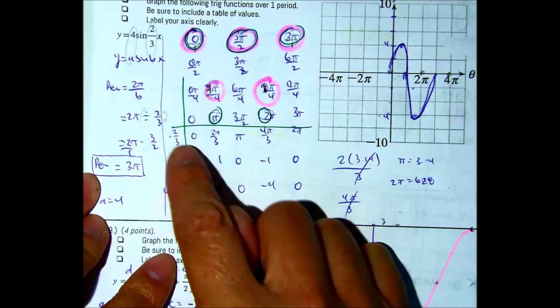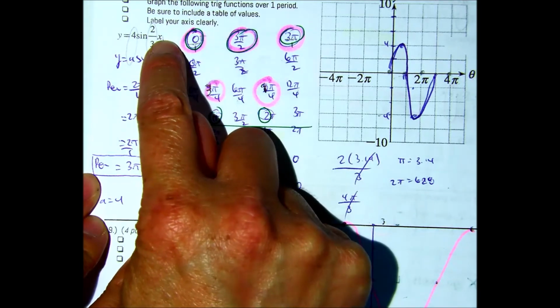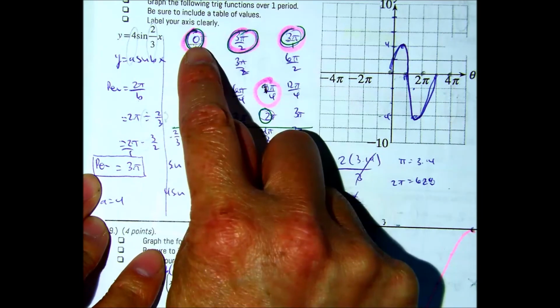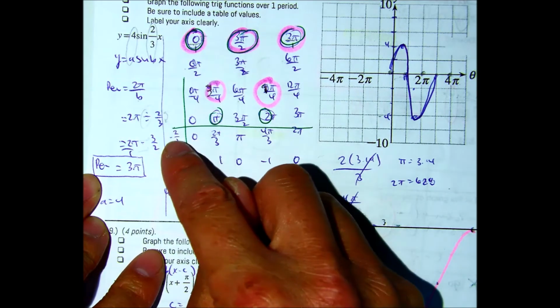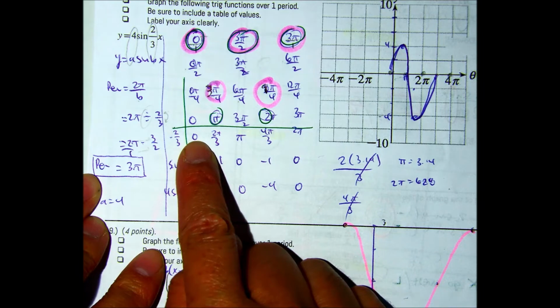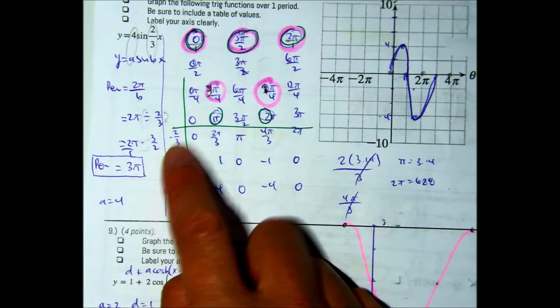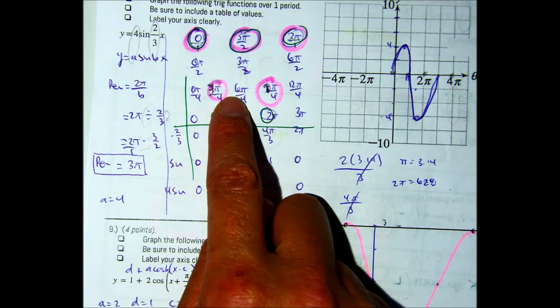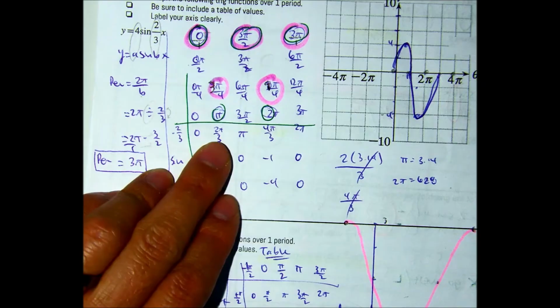If I just multiply now the value by 2/3, 2/3 times 0 is 0. 2/3 times 3 pi over 4 will give me a pi over 2.